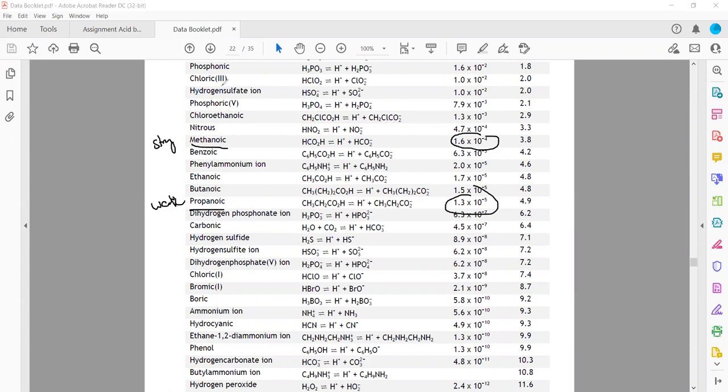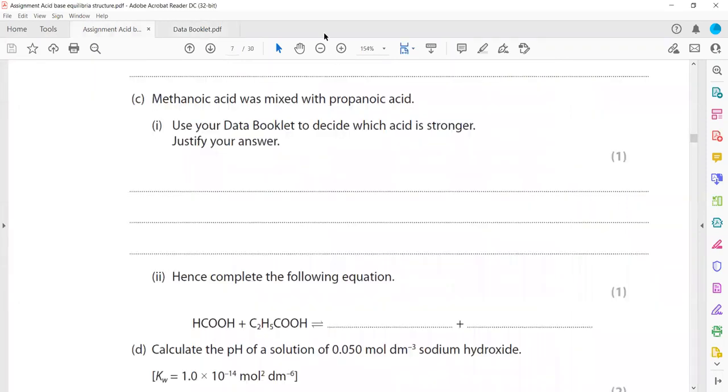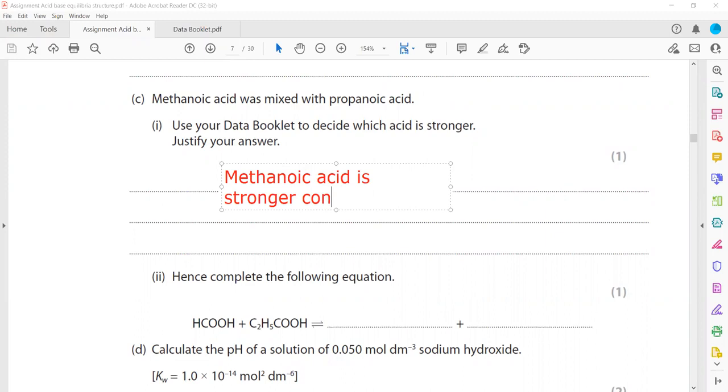In this case, methanoic acid has a higher value than propanoic acid, so methanoic acid is the stronger acid, because the one with the higher value of Ka dissociates more, so more ions are there in the solution. So methanoic acid is stronger compared to propanoic acid.